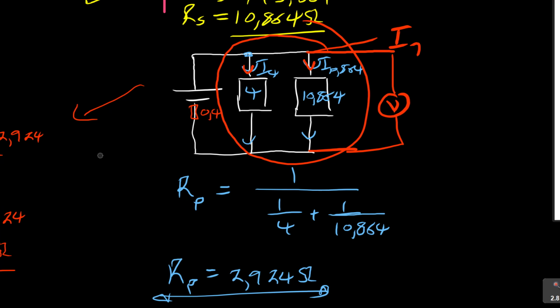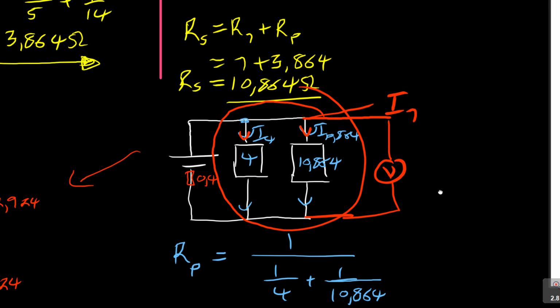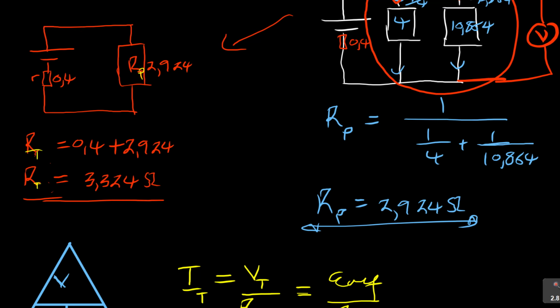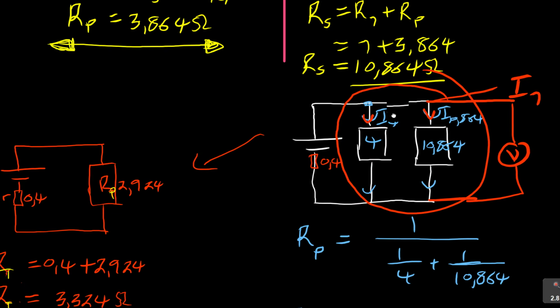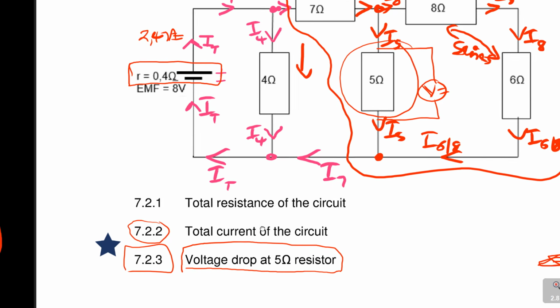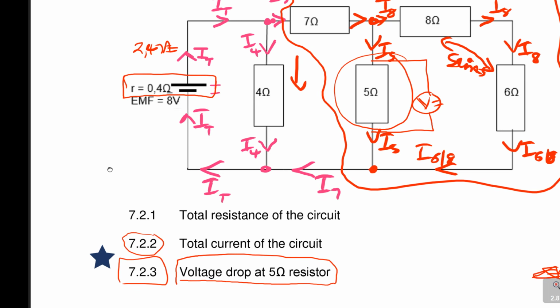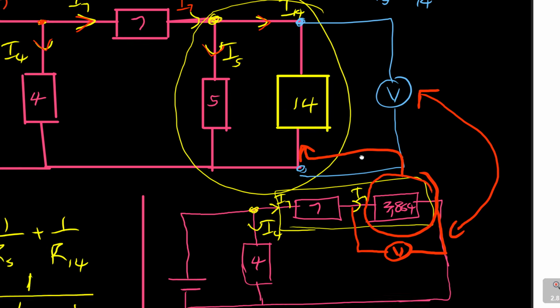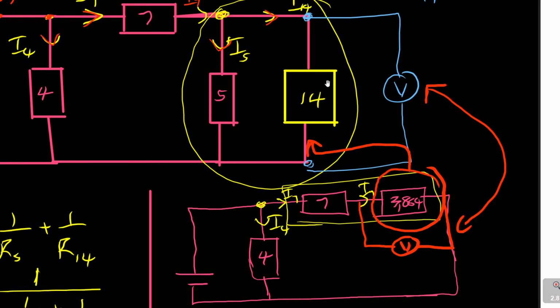But now, let's come back to this thing, guys. How do you work out this whole thing? Because you are saying, okay, you have got an EMF of 8 volts. Remember, EMF is 8 volts, but you must know when it's parallel here, it's the same voltage.